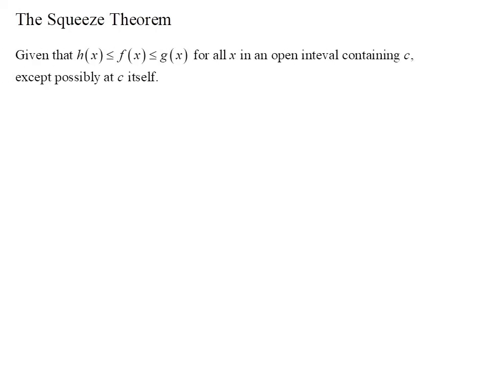The squeeze theorem concerns the limit of a function that is squeezed or sandwiched between two other functions, each of which has the same limit at a given x value.